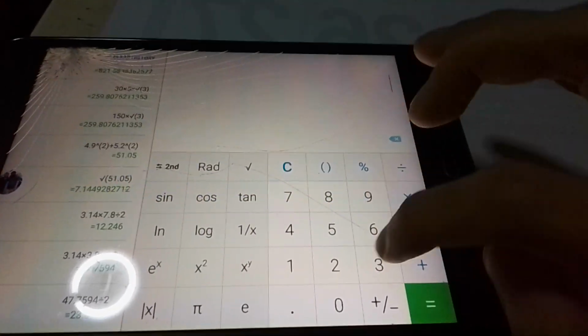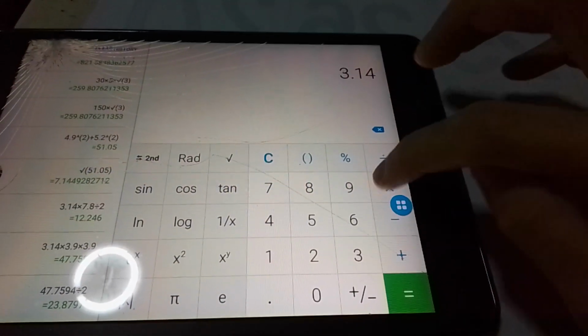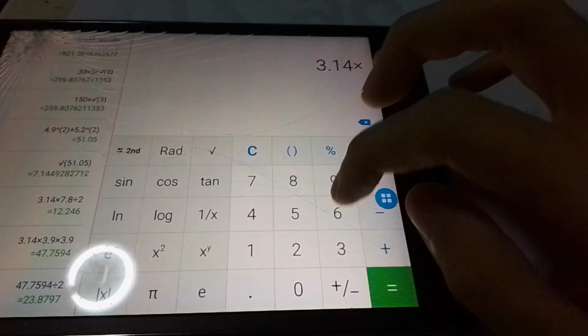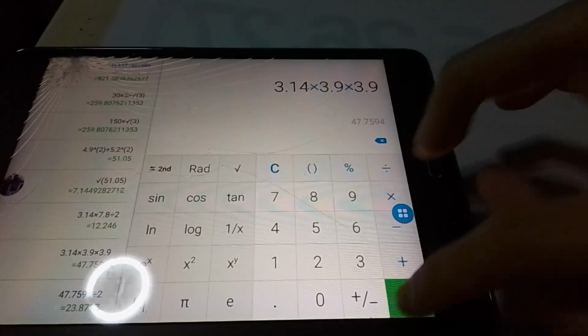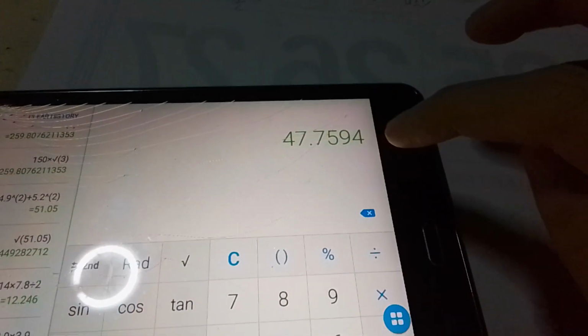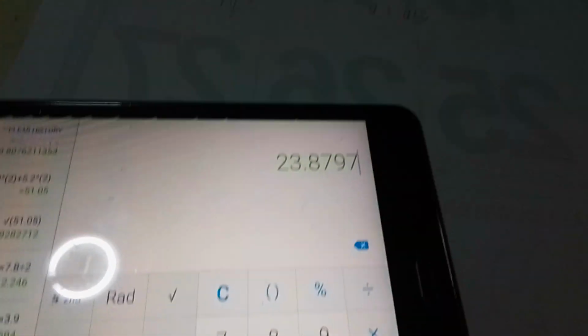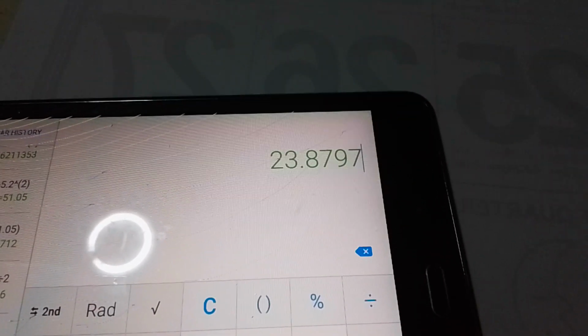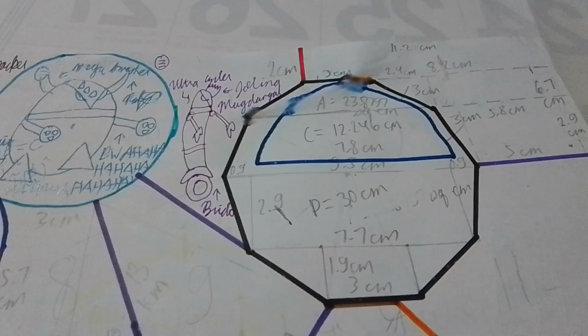Diba? 3.14 ay yung value ng pi times, remember, 3.9 squared. Or you can simply do this. Tapos, i-equal mo. You should get something like this. Tapos, kung divide mo by 2, since it's a half circle, you should get something like this. Okay? That's the area of the half circle.